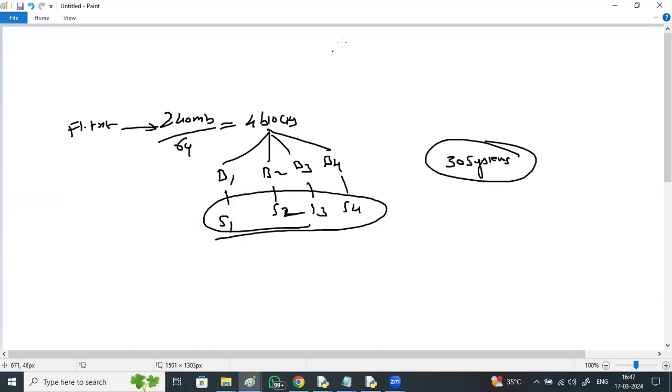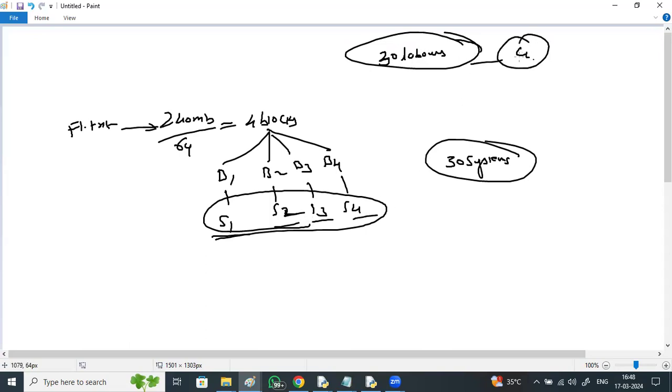For a building construction, you brought 30 laborers, but you are giving work to only 4 laborers, S1, S2, S3, S4, and the remaining 26 people are idle. If you give work to all 30 people, the work completes much faster.